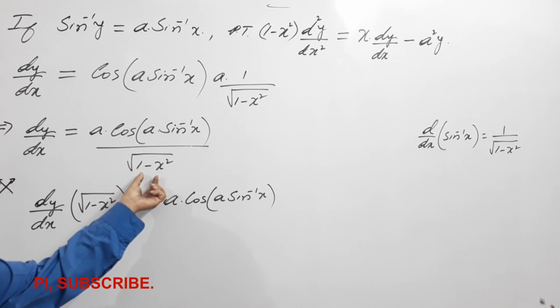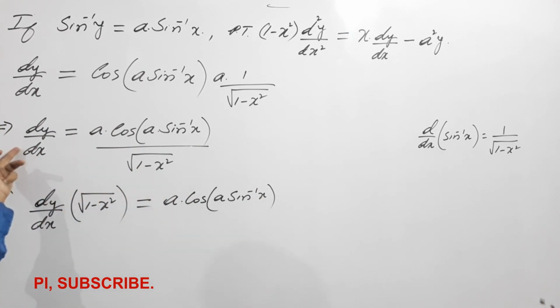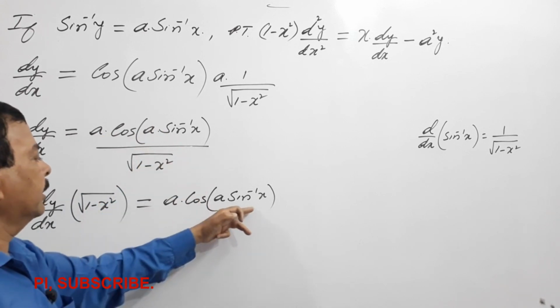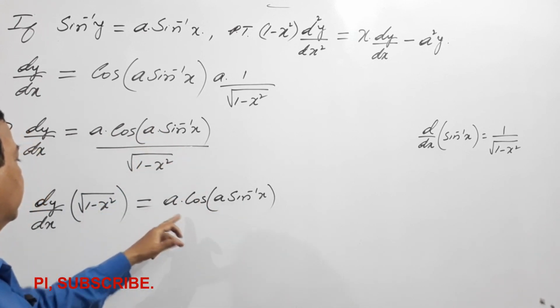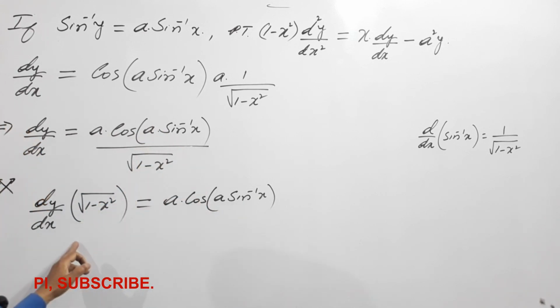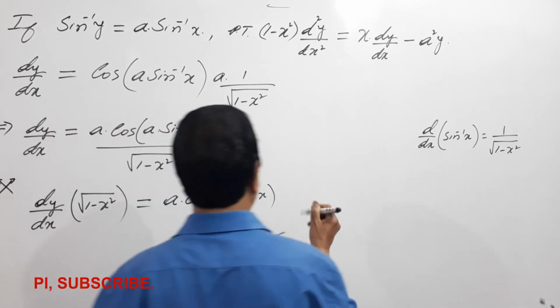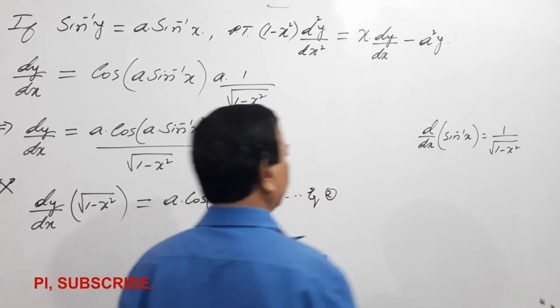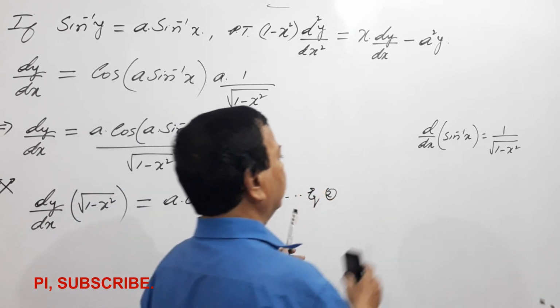See, this portion will go here, right? So I'm left with only a into cos a sin inverse x, and this root has gone to the left hand side by cross multiplying. So I call this equation 2, and I rub this.